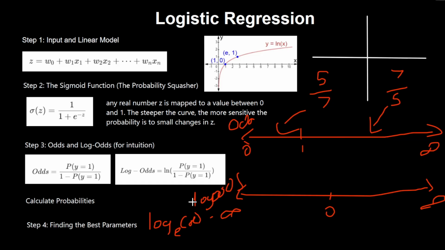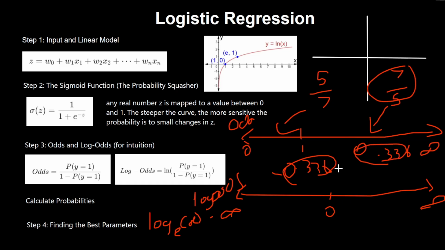So if we calculate the natural log of this one, it will be minus 0.336, and if we calculate the natural log of this one, it will be 0.336. So you can see that they are equal in magnitude, only the sign is different. So similarly, for each value in this original odds number line, we can transform it into an equivalent log odds number line, where it ranges from minus infinity to infinity.